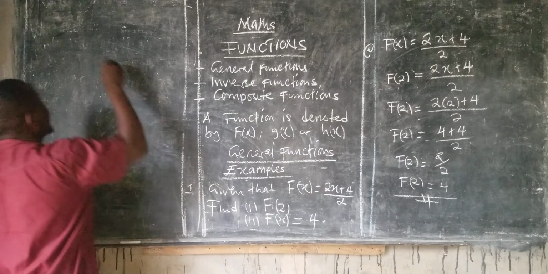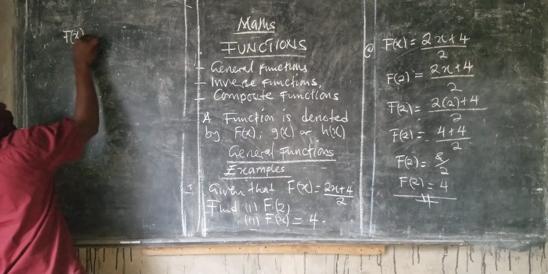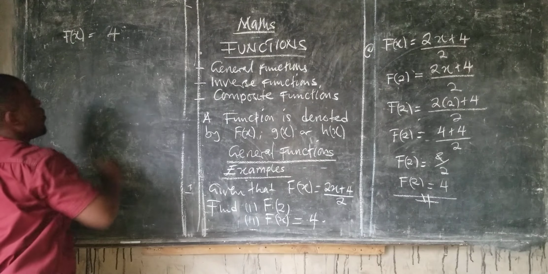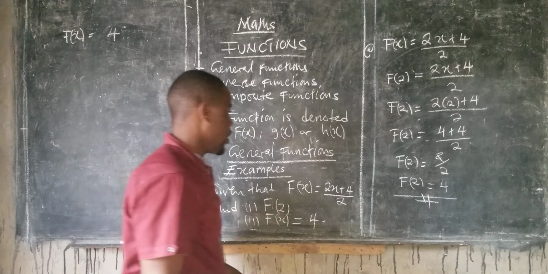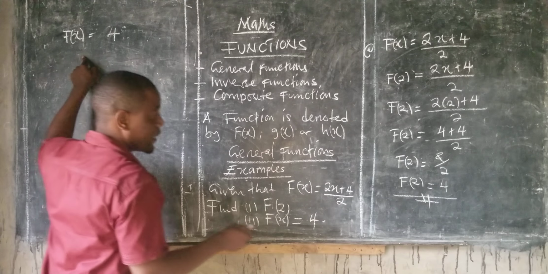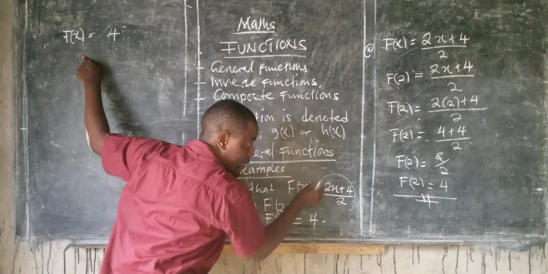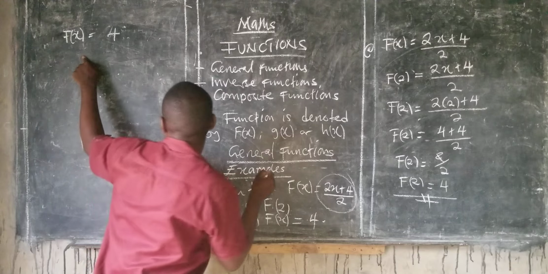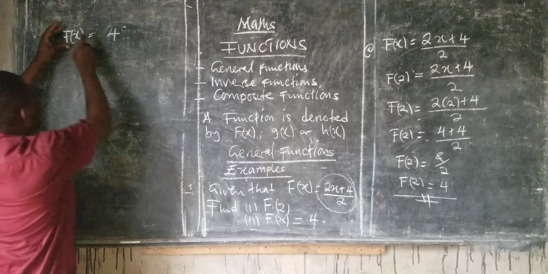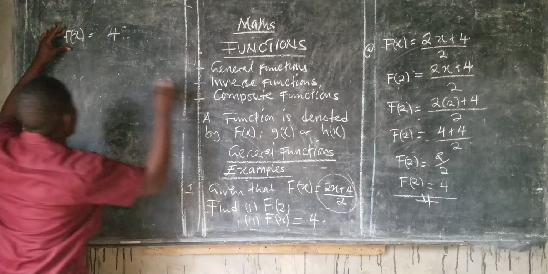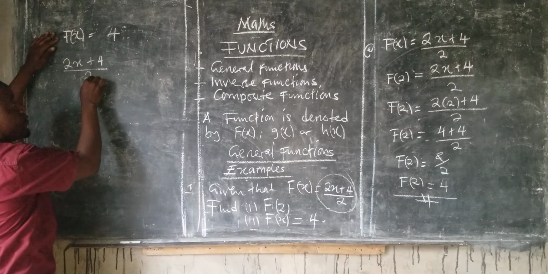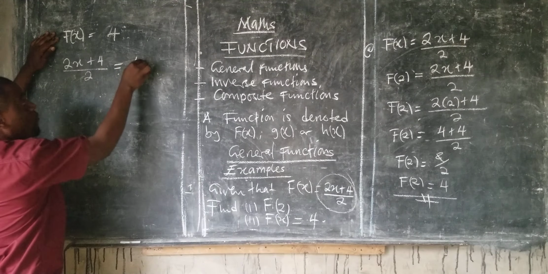They are saying f of x is equal to 4. Since f of x is the same as this expression, we replace it: (2x plus 4) over 2 is equal to 4.